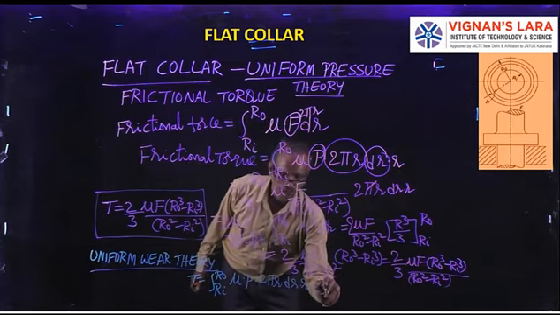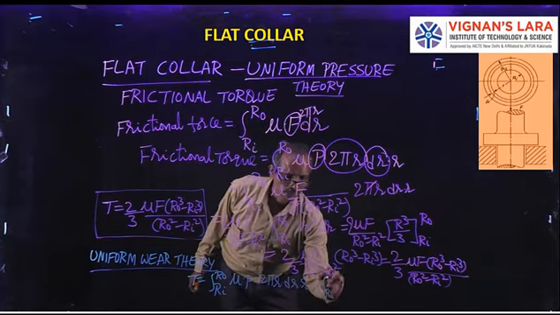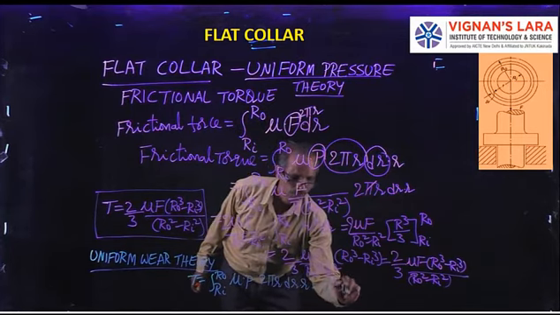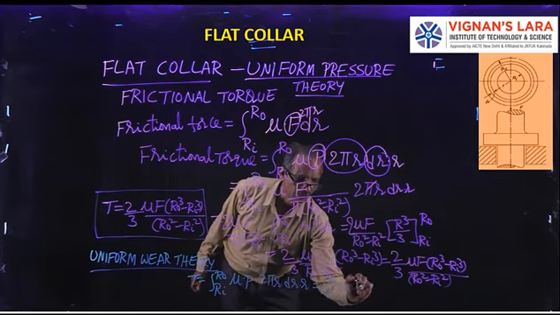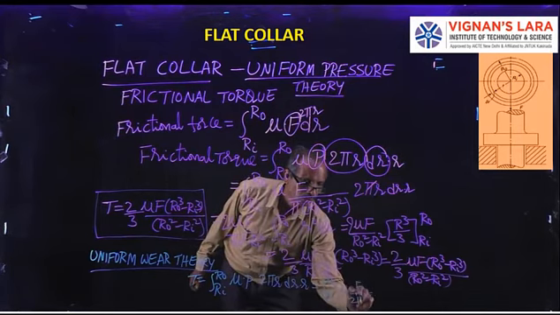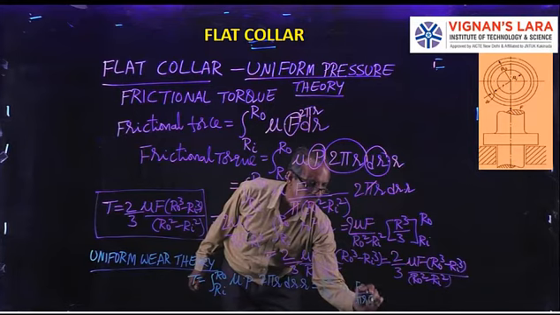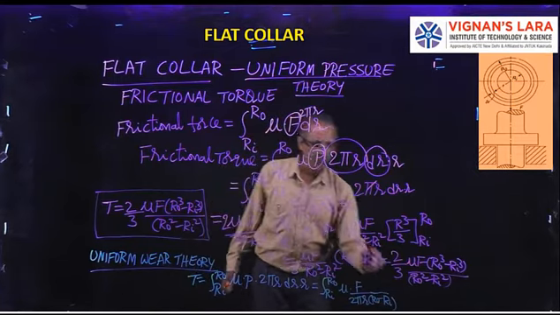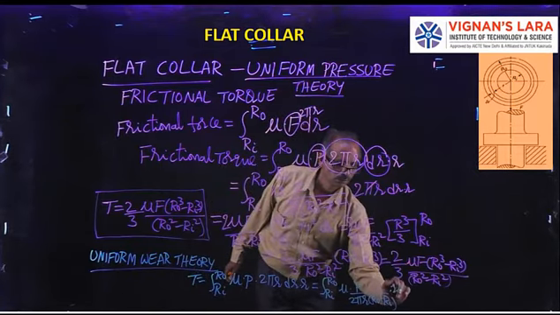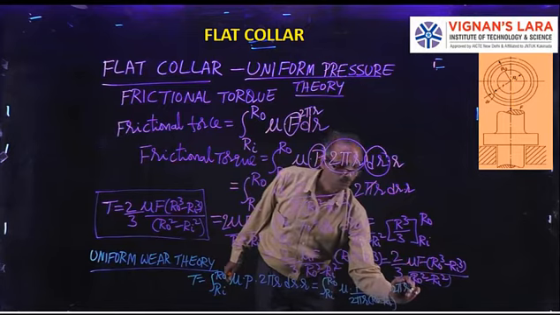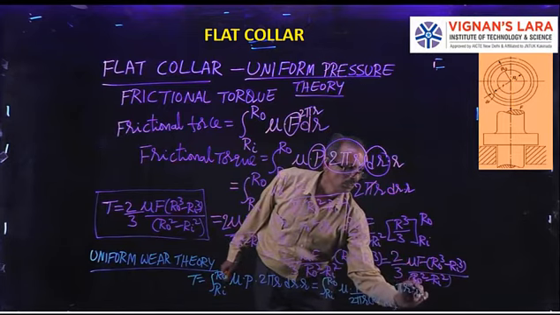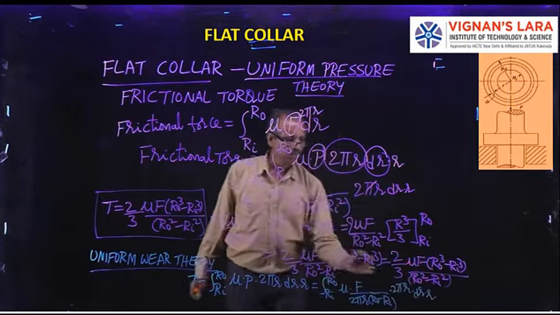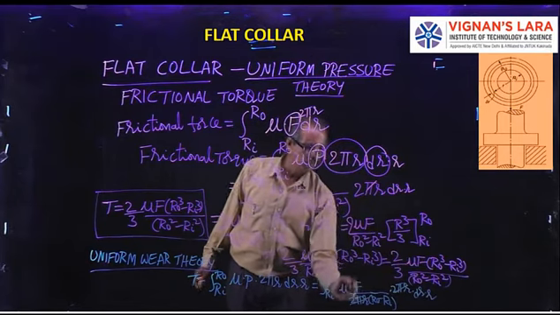We know that P is equal to F by 2 pi r (r naught minus ri), into 2 pi r dr into r. So here 2 pi r gets cancelled.